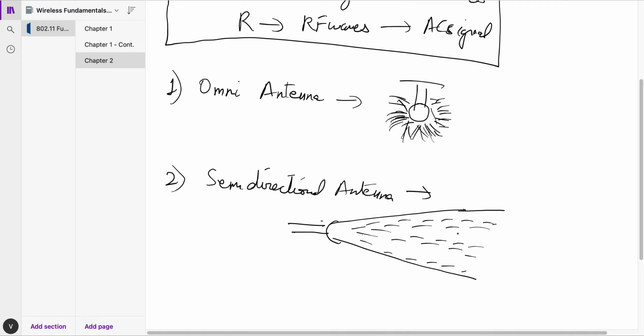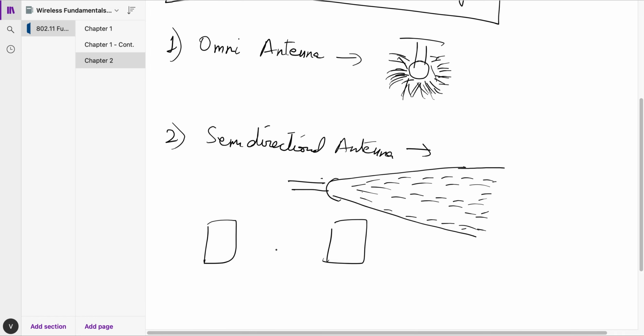A semi-directional antenna is usually responsible for connecting two buildings, or connecting the wired networks of two buildings, at a distance of up to, let's say, 2 miles, not more than that.